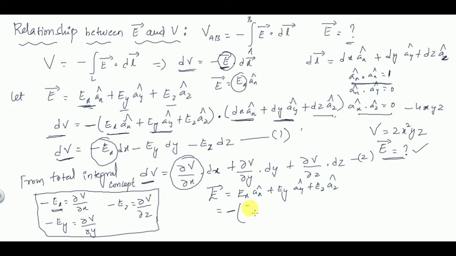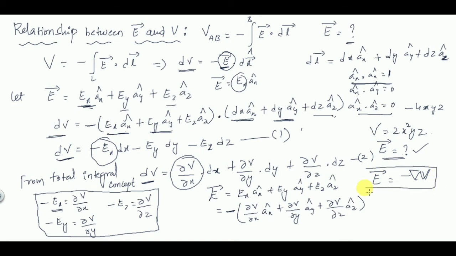Taking the minus common, we get dou V by dou x into Ax cap plus dou V by dou y into Ay cap plus dou V by dou z into Az cap. What is this? It is the gradient of V. So E bar is equal to minus del V.